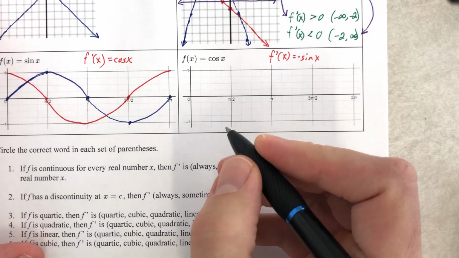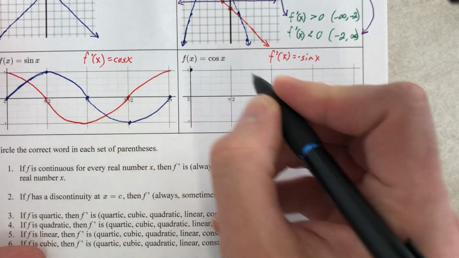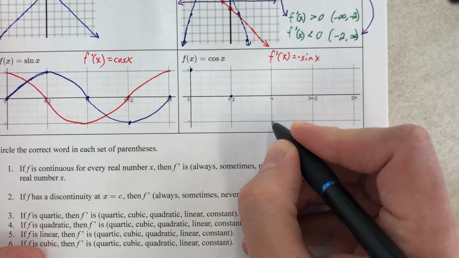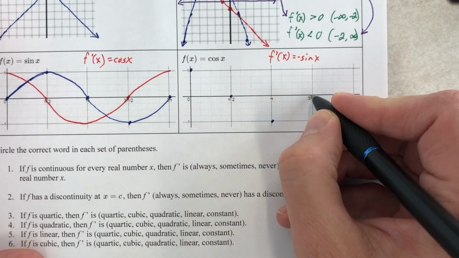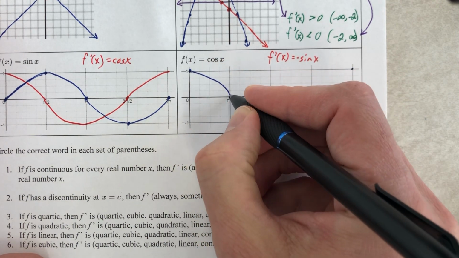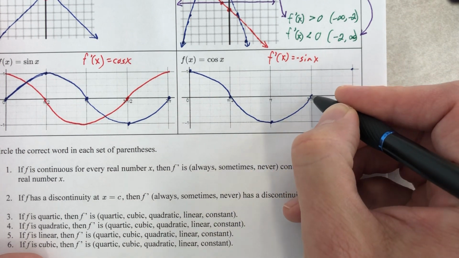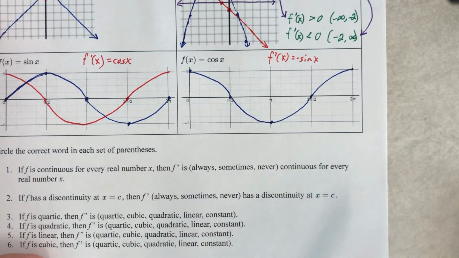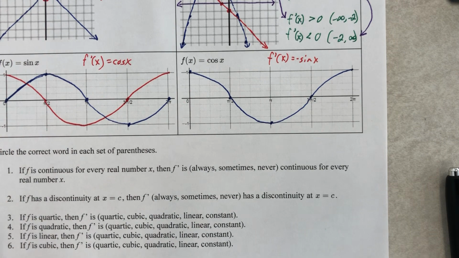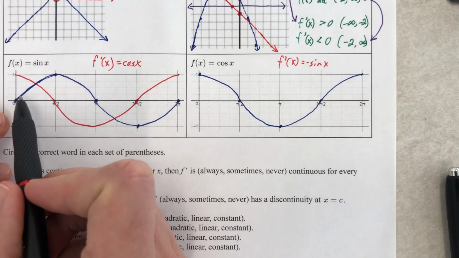Now we're going to graph cosine, which we actually already have here. And now original function is going to be blue. Okay, I'm going to graph negative sine. So what I had over here is, excuse me, this is the graph of sine.